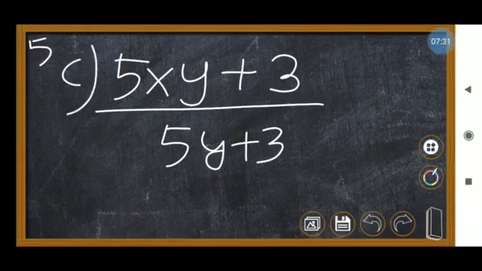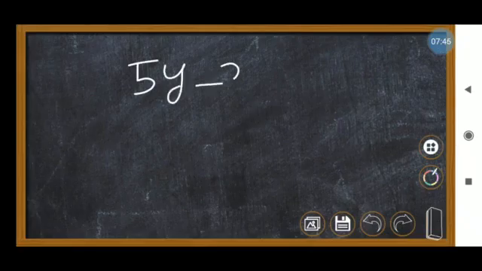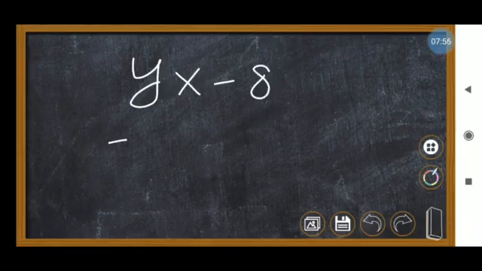Okay, fifth one c, exercise 11.3. Next one, 5 times y from which 3 is subtracted means 5y minus 3. Next one, y is multiplied by minus 8, which is equal to minus 8y.